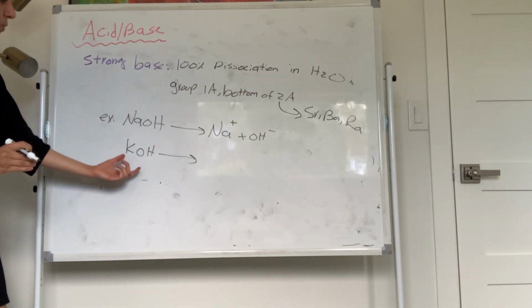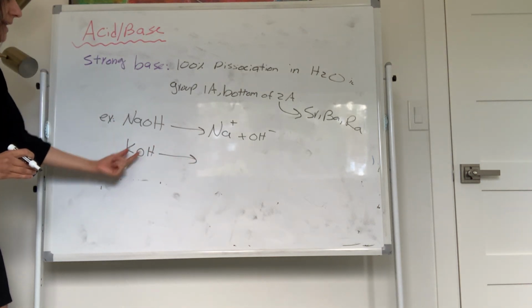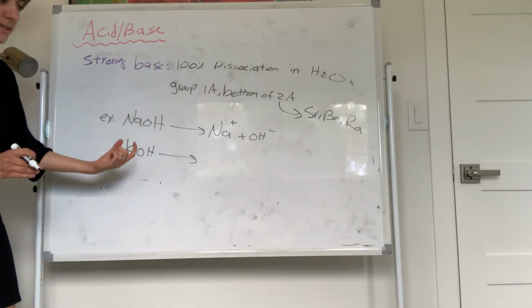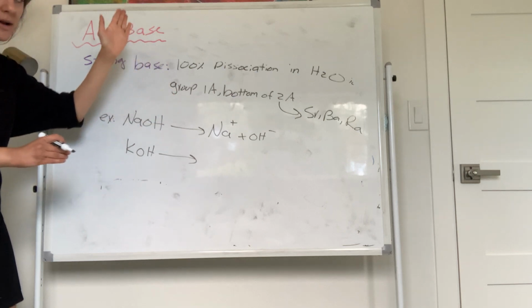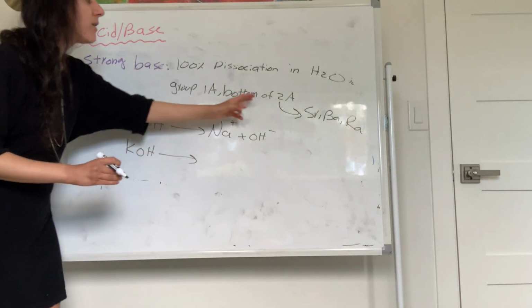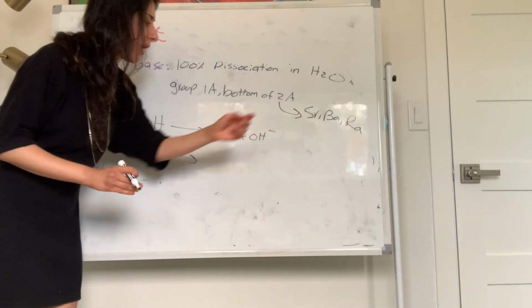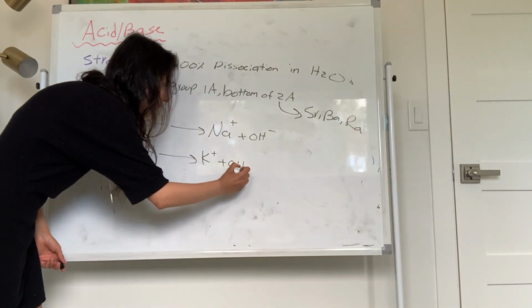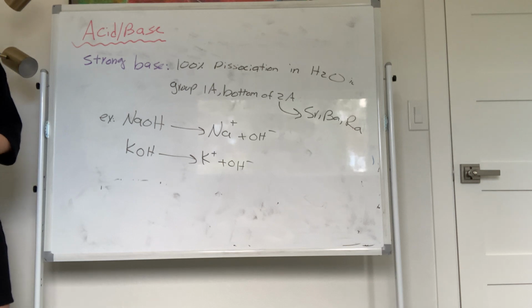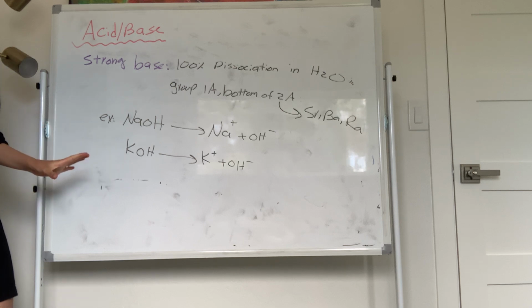Strong base or weak base? K is from group 1A on the periodic table, right? So if you have OH next to the 1A group, or the bottom of 2A, which is Sr, Ba, or Ra, those will be considered strong bases, and they would completely break up in water. You guys follow that? Okay.